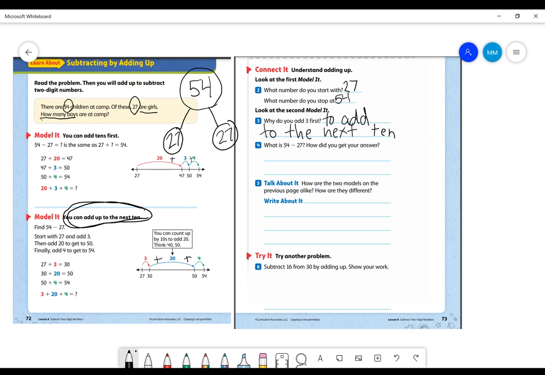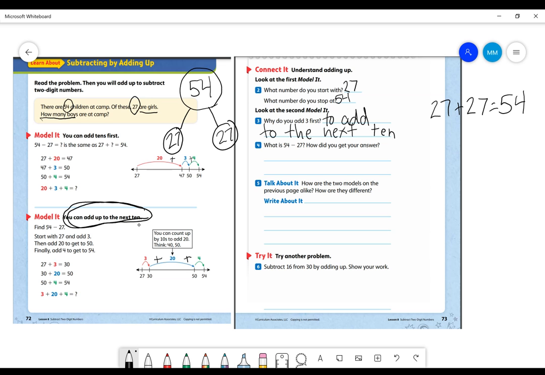It says, what is 54 minus 27? How did you get your answer? So looking over here, we have 54 minus 27. Now, when we use the open number lines, we solve those subtraction problems by making addition problems. But remember, friends, anytime that we know an addition problem, I can easily turn that into a fact family, which is 2 addition problems using the same parts and whole, and 2 subtraction problems using the same parts and whole.